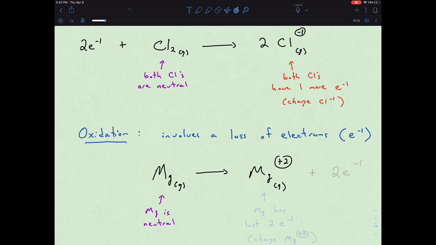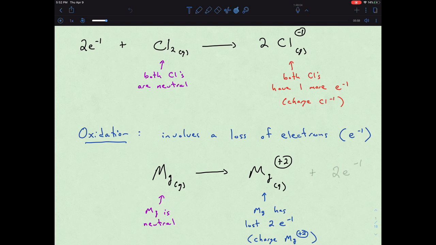The magnesium on the starting material side is neutral. But here, the magnesium has basically lost 2 electrons. Again, looking at the charge of the magnesium being that +2 state, so it must have lost 2 electrons to become +2.